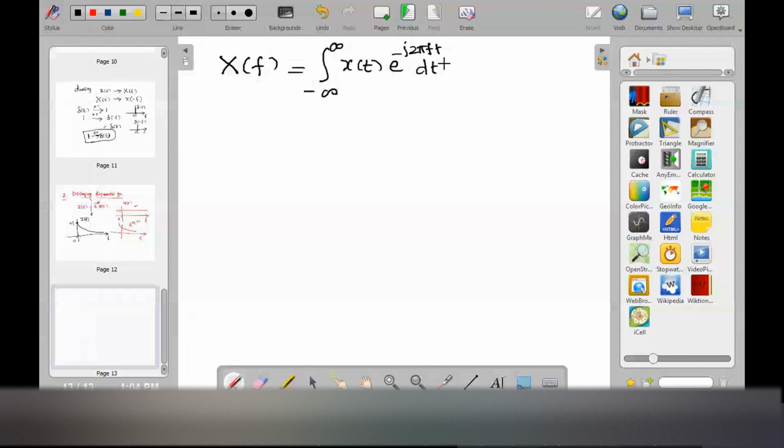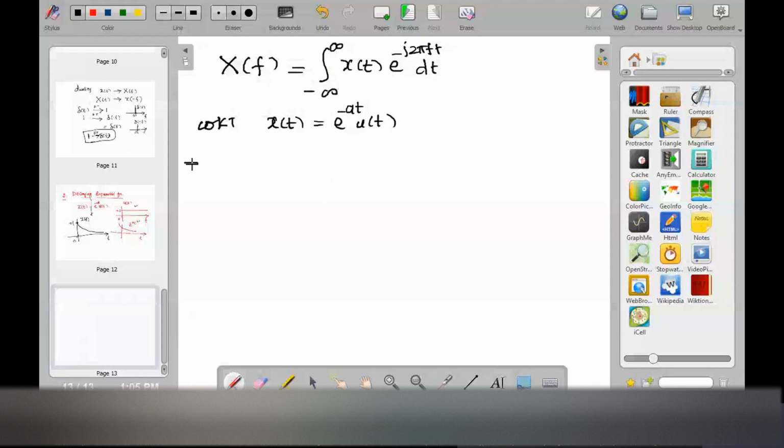So what is x of t? We know that x of t equals e to the power of minus at into u of t.